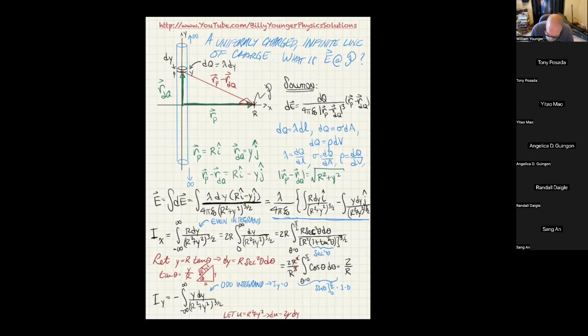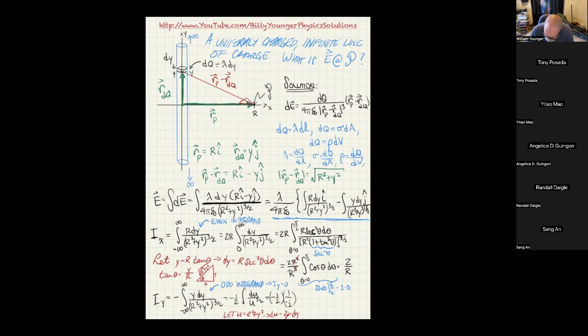So what I'm going to do now is say negative 1/2 integral du over u to the 3/2. And that gives me negative 1/2. And the integral of u to the negative 3/2 is u to the negative 1/2 divided by negative 1/2.